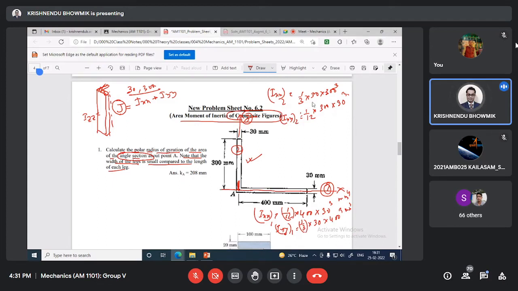Now you can consider that this 30 cube value is very small compared with the other values.